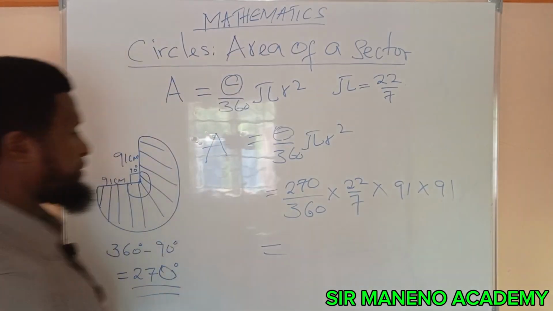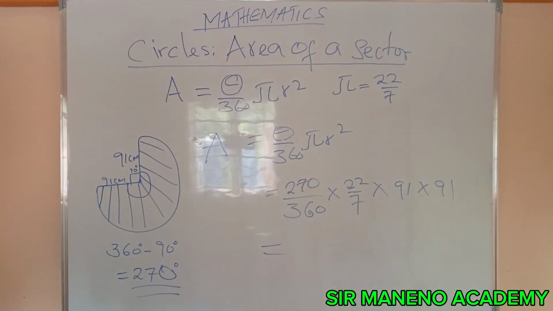So what do we get? You feed your calculator with that. 270 divided by 360 times 22 divided by 7 times 91 times 91, right?